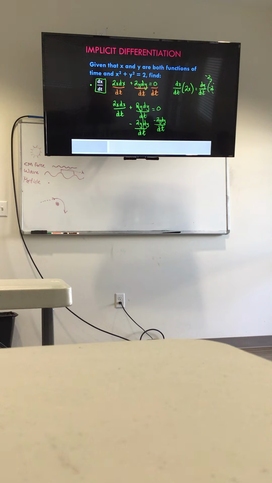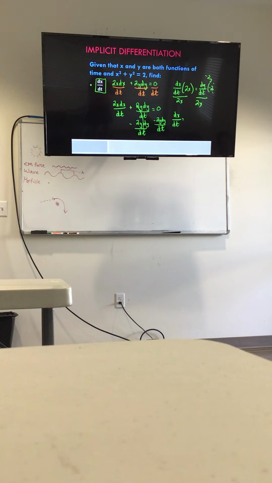If I want to get dx over dt by itself, what's the last step that I need to take? Divide by 2x. Alright, so we can now write our derivative, dx over dt. And I'm going to write this now in correct differential notation. In correct differential notation, we always write the main part first, then any differential behind it.